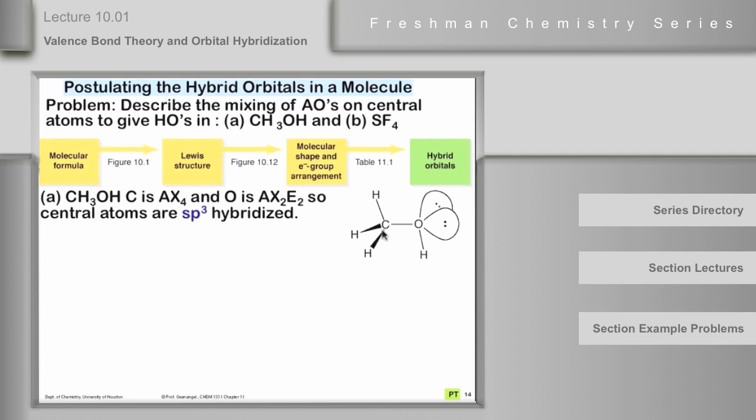Okay? And the oxygen has 4 electron groups. It has the carbon-oxygen bond, the hydrogen-oxygen bond, and 2 lone pairs. So both of these central atoms correspond to 4 electron groups, and therefore they use sp3 hybrid orbitals in both cases.